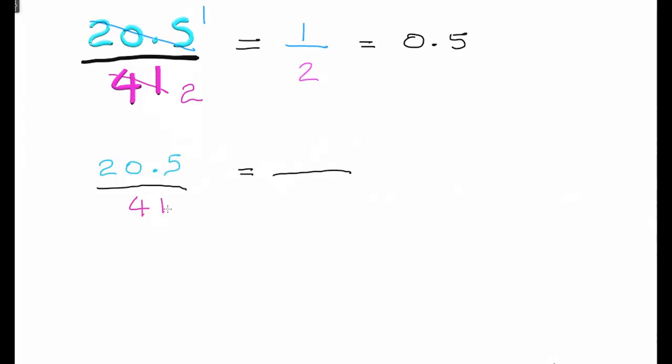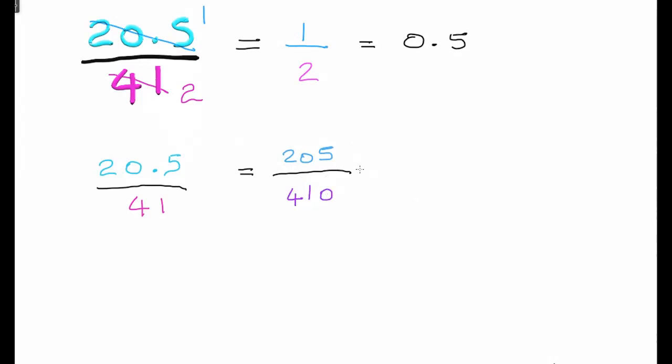Both numerator and denominator can be multiplied by 10. All right, why am I multiplying by 10? To get rid of the decimal so that it's a bit easier, but it's not a must. So 20.5 times 10 is 205, 41 times 10 is 410.